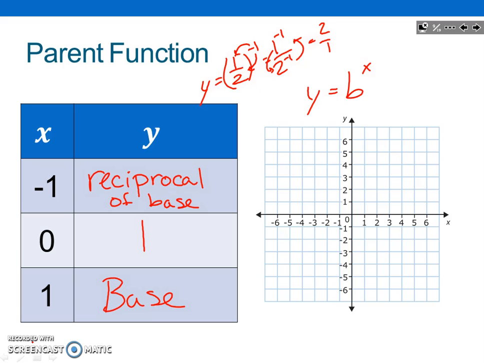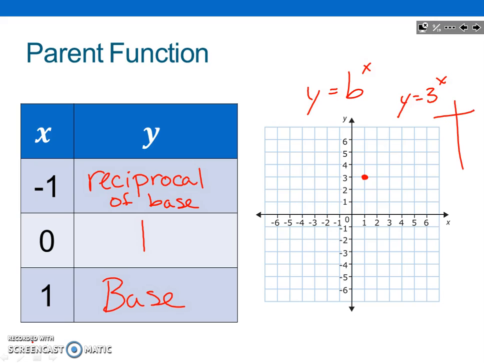So your parent function is going to have these 3 points every single time, and I would highly encourage you to draw this table off to the side to show how you got your points. For this function over here, I left b as an arbitrary point. Let's pretend that b was 3, so y equals 3 to the x.